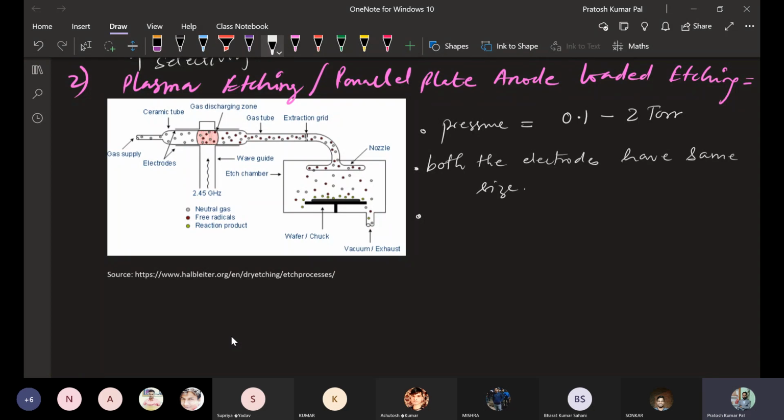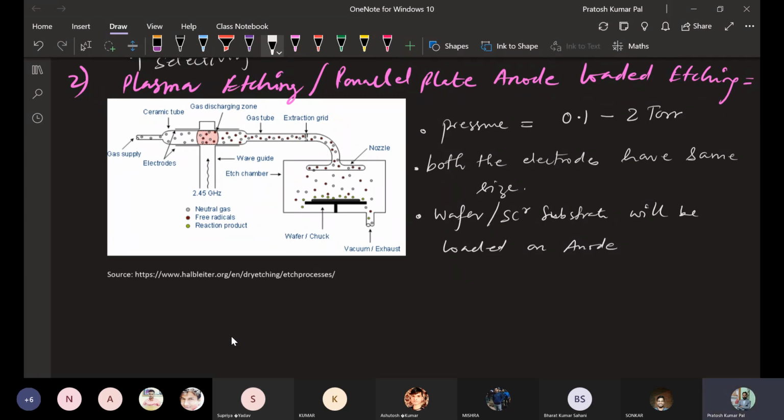Okay, and the wafers will be loaded because it is anode loaded. So the wafer or the semiconductor surface or semiconductor substrate will be loaded on the anode.